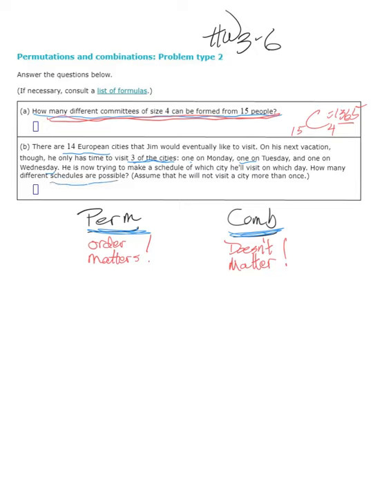So understand, let's say he picks 3 cities, and he does, let's say, Paris on Monday, he does Rome on Tuesday, and he does Madrid on Wednesday.